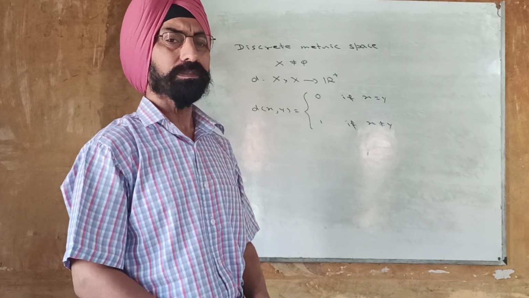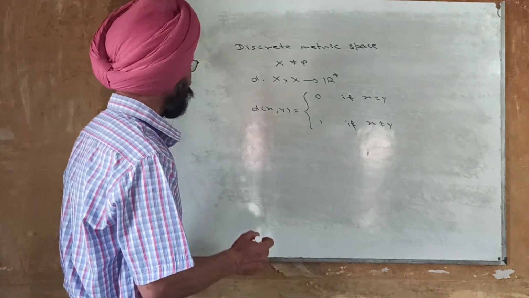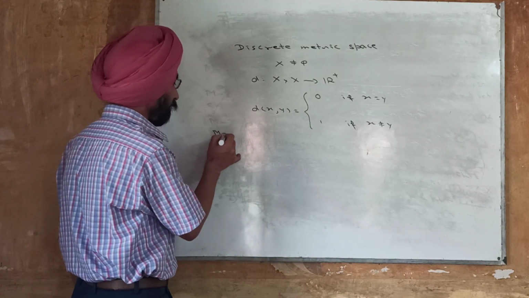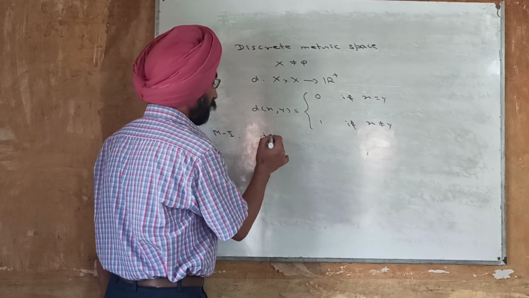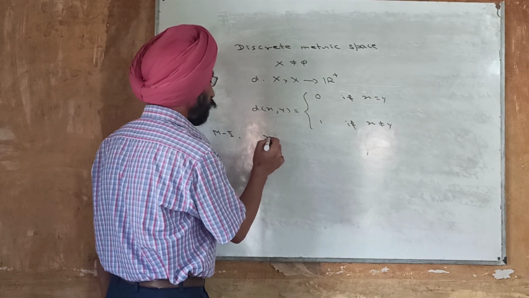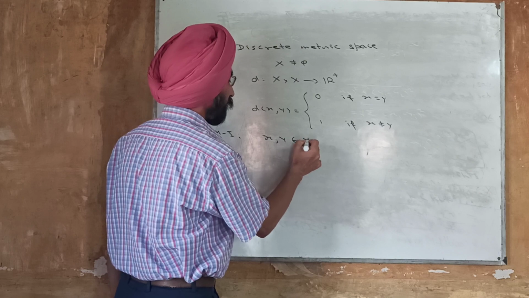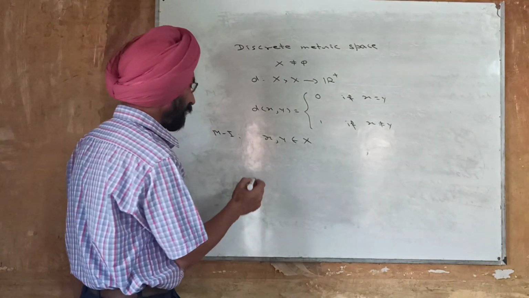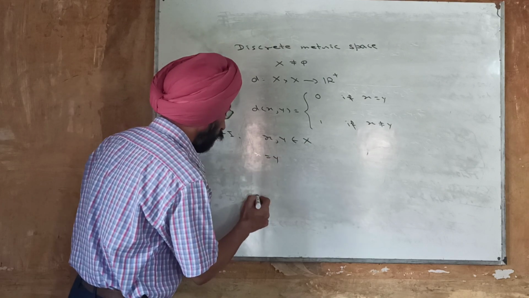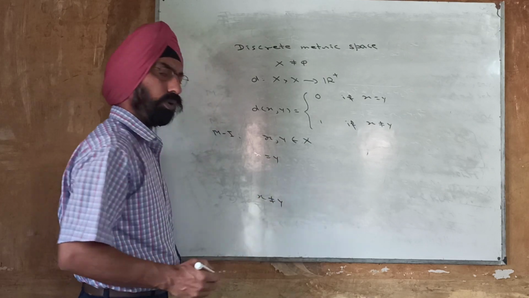The reason being, look at the first property, the symmetry, the M1 property we talked about. Let x and y be any 2 points on X. Then 2 things may happen: either x is equal to y or x is not equal to y.